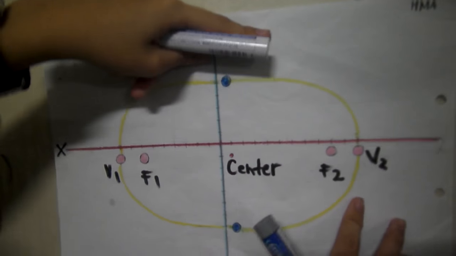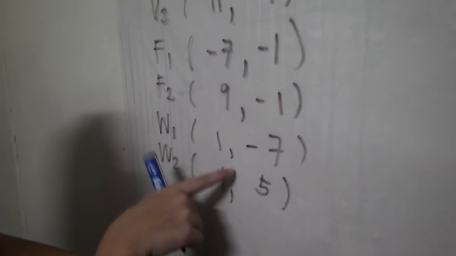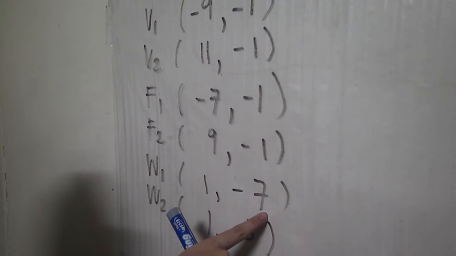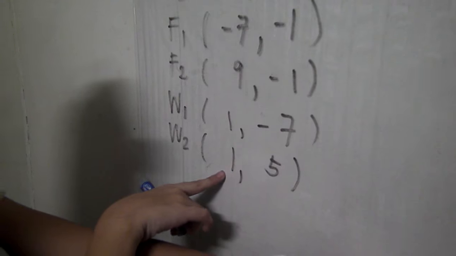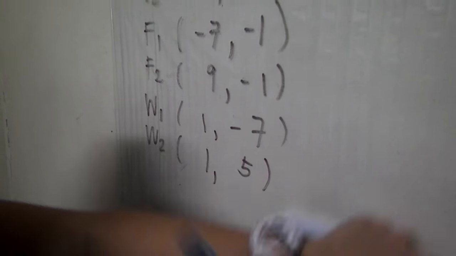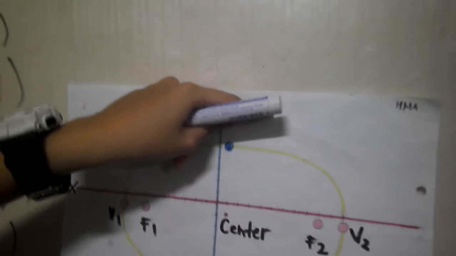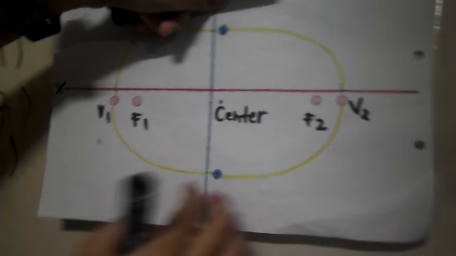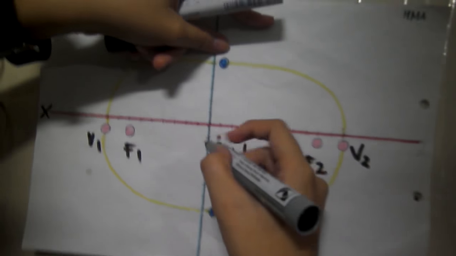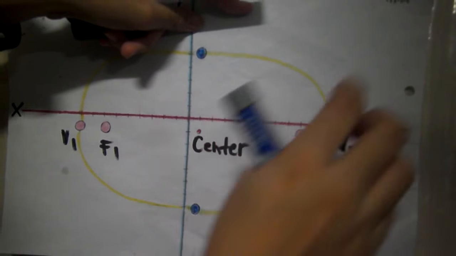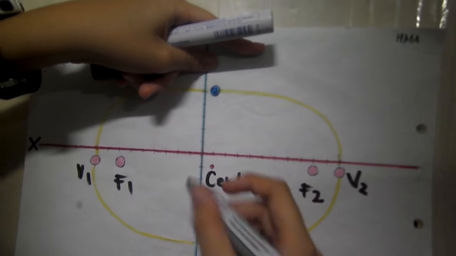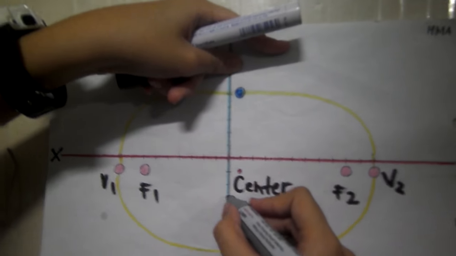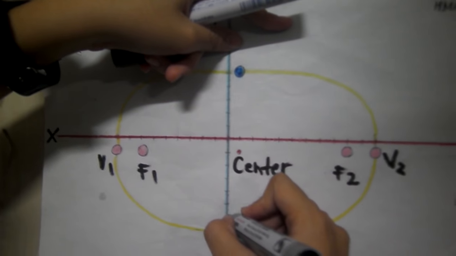For our co-vertices, co-vertex 1 is positive 1, comma, negative 7, and co-vertex 2 is positive 1, comma, 5. If we're going to graph co-vertex 1, we start from here because this is a horizontal major axis. So 1, 2, 3, 4, 5, 6, 7.